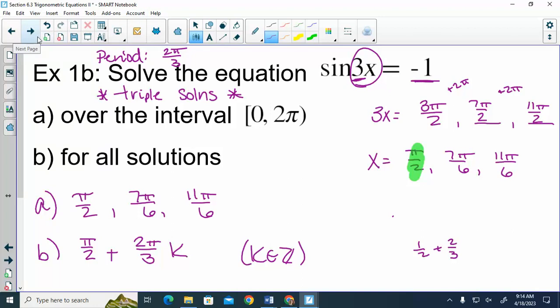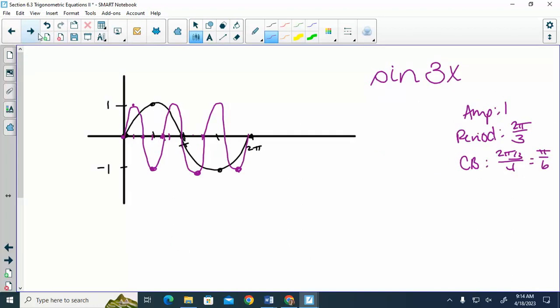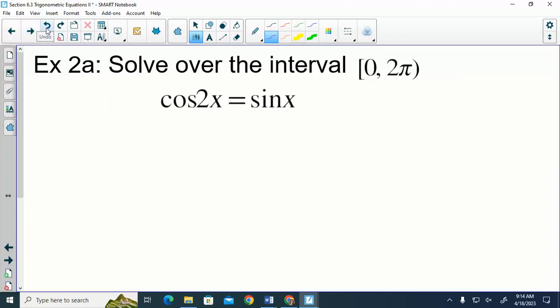Let's try another. What do you notice about this?